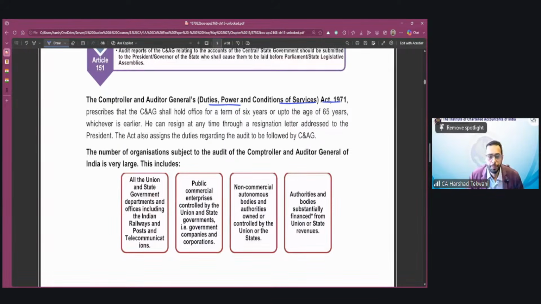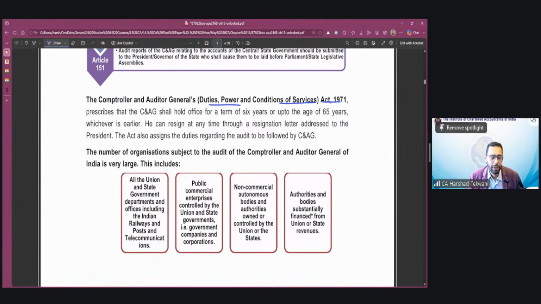So now when we talk about the powers and audit framework, we cannot leave the Companies Act behind. And we have already discussed section 245 of the Companies Act. Yes or no? Similarly, we have to understand section 139 with respect to the audit of the government companies.